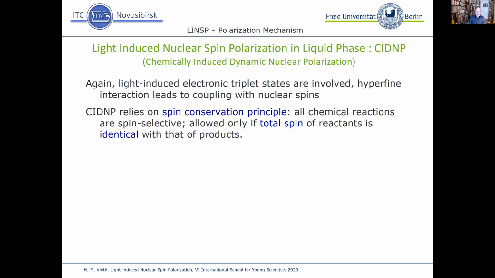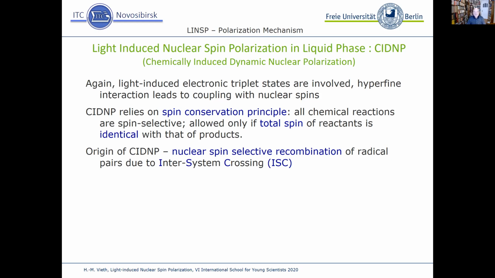So in chemical reaction, there is no change of the total spin in the individual steps. It needs time that the total spin can change. So the origin of CIDNP is the spin selective recombination of radical pairs.